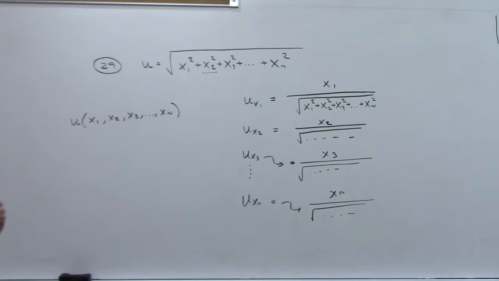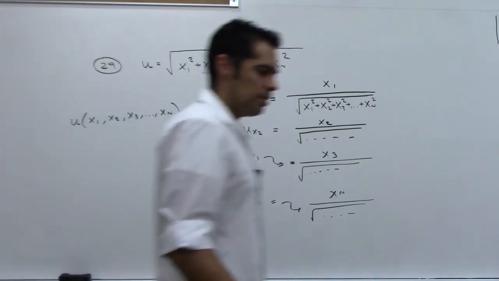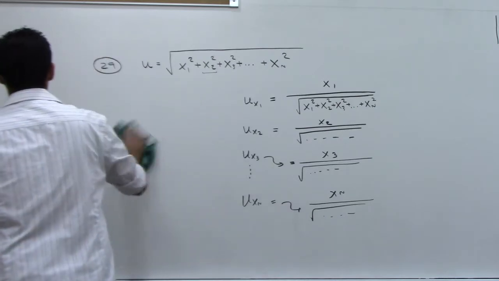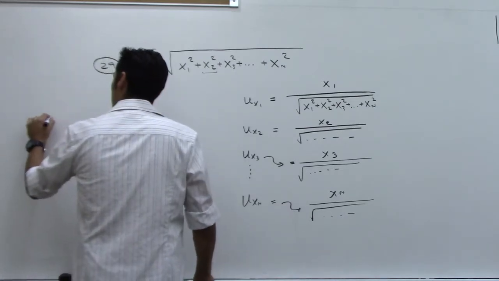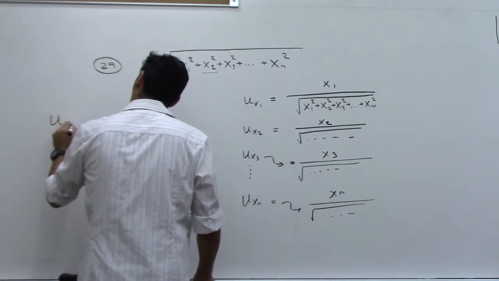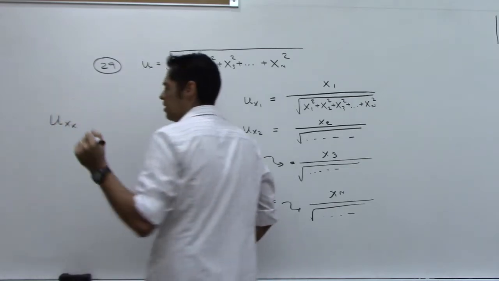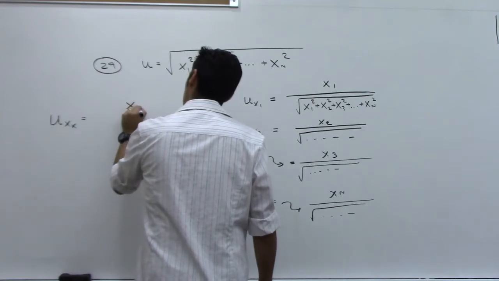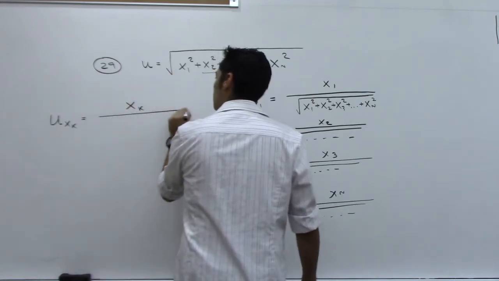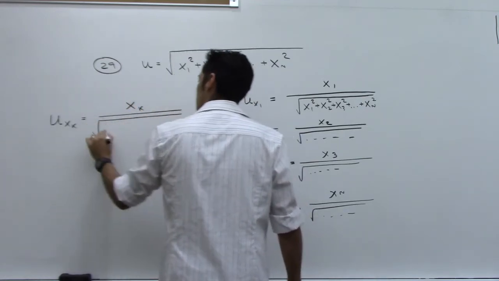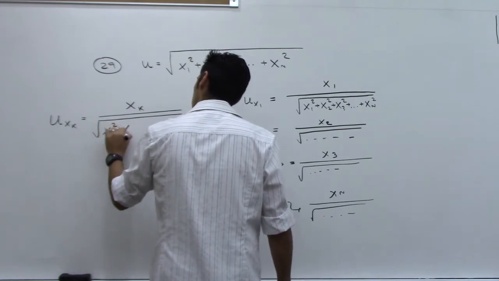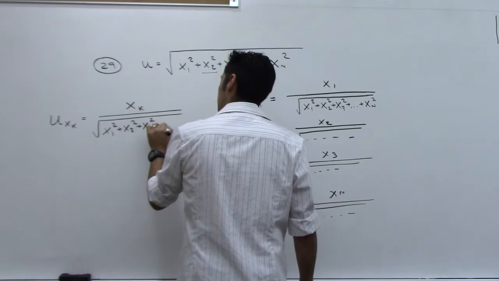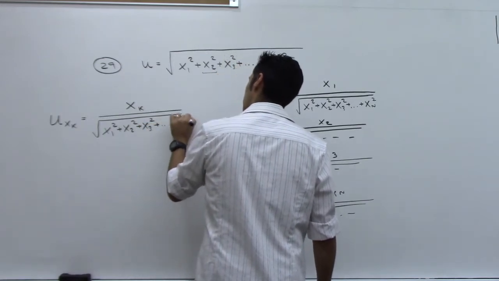There's a couple of ways you could say this. If you're trying to give a general answer, you could write something like this. The partial of u with respect to x sub k, the book uses i, but I'm going to use k, is equal to x sub k over the square root of x sub 1 squared plus x sub 2 squared plus x sub 3 squared plus dot dot dot plus x sub n squared.